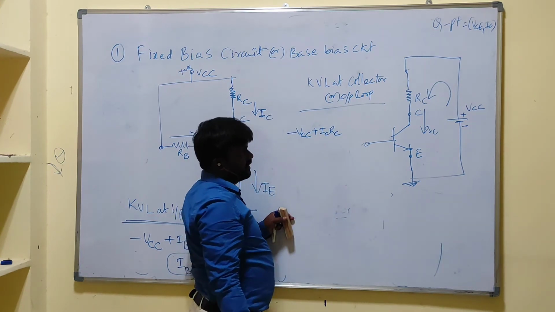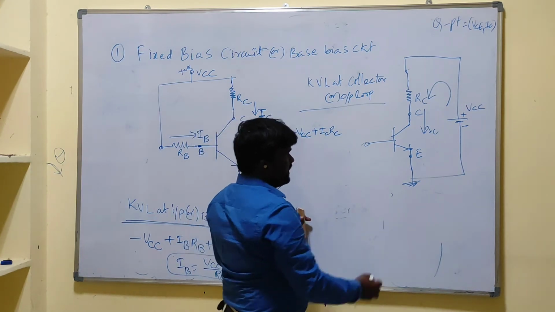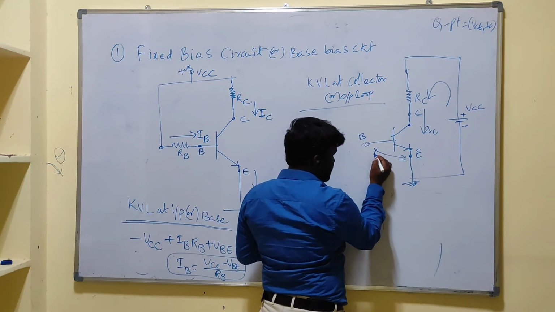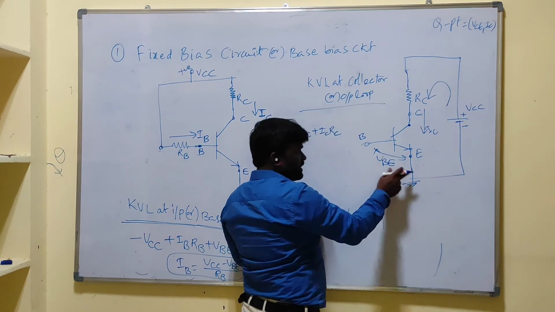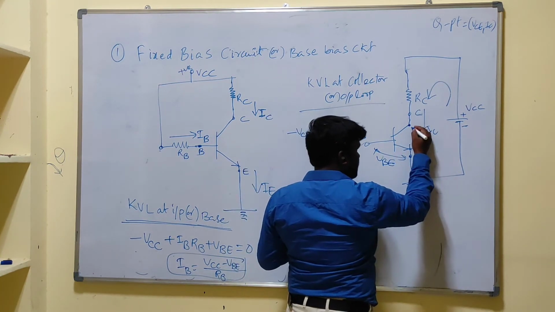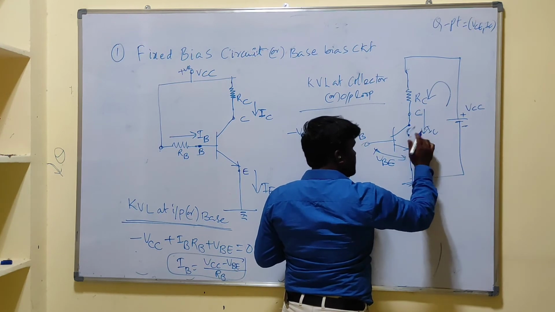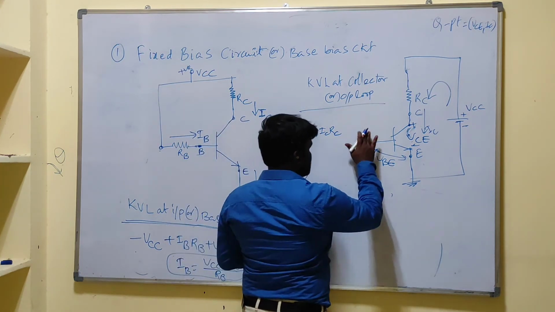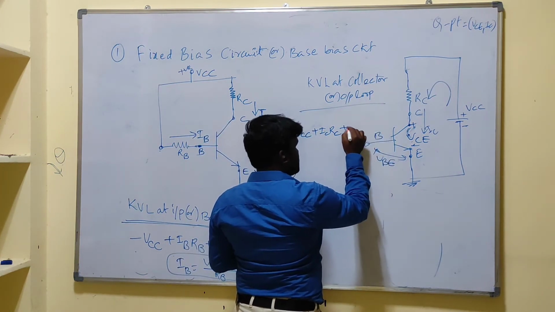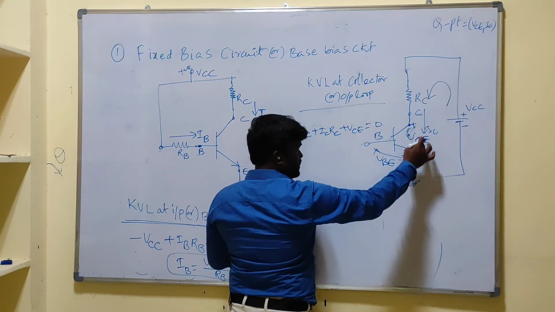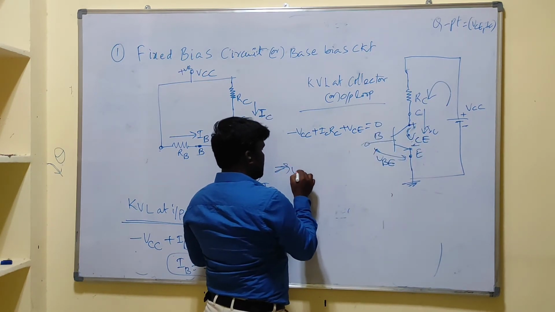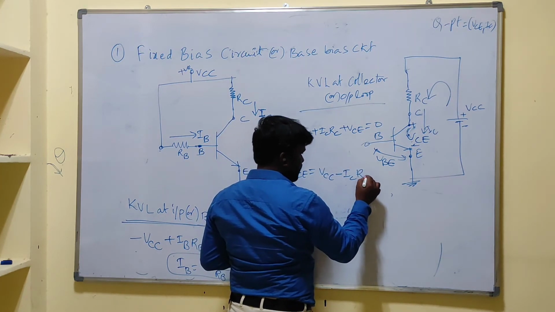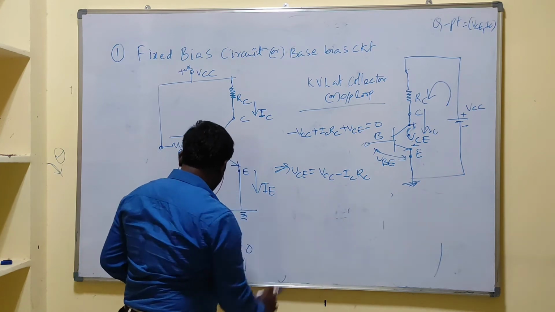In the previous case it was between base and emitter we considered the voltage VBE. Here we have collector and emitter, and in between collector and emitter we have the voltage VCE. Plus VCE equal to 0. Then we can write VCE equal to VCC minus IC RC.